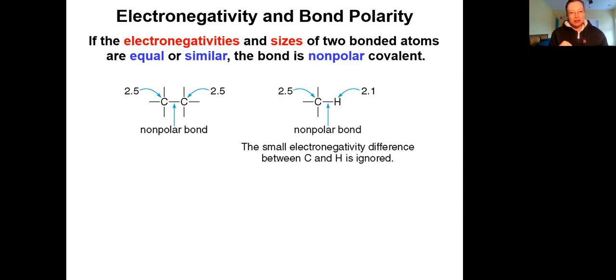The bond between carbon and hydrogen is nonpolar, even though the carbon atom is larger and the hydrogen has a slightly lower electronegativity. Experiments have shown that we can consider those two atoms to equally share the electrons in the bond. That's really important for you to know.